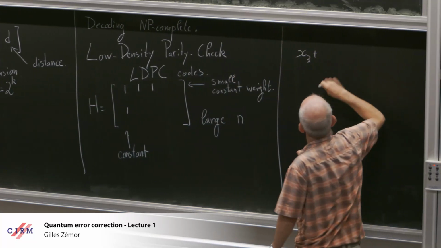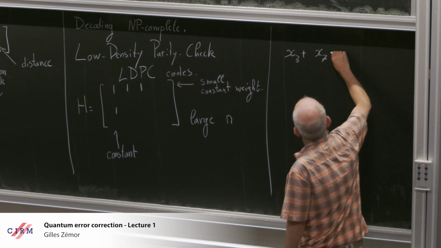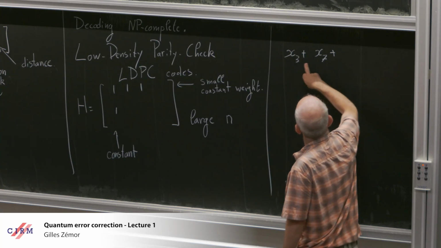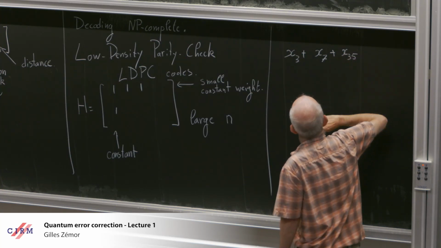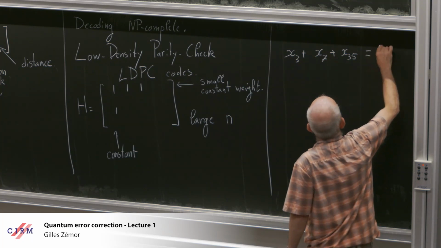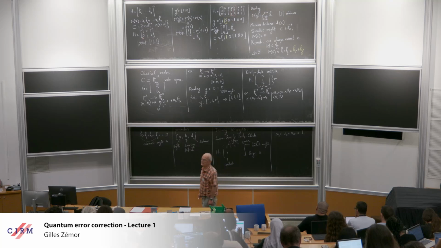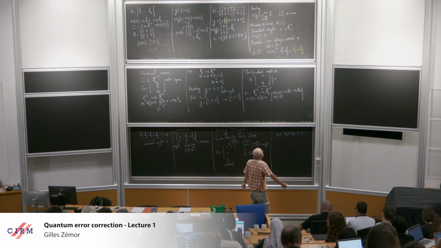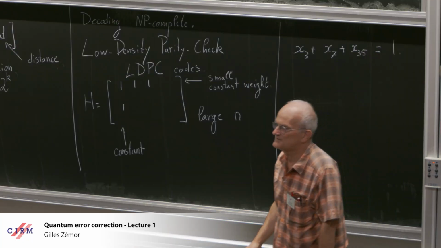If you have a row of weight 3, for example, you'll have an equation which will look like x3 plus x7 plus x35, for example. It should be equal to 0, but when you compute it, you may get a 1. And if you get a 1, what does it mean? It means that you have at least one error in positions 3, 7, or 35.